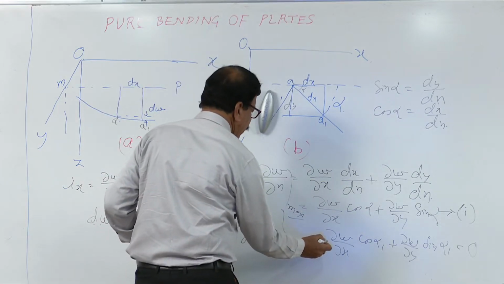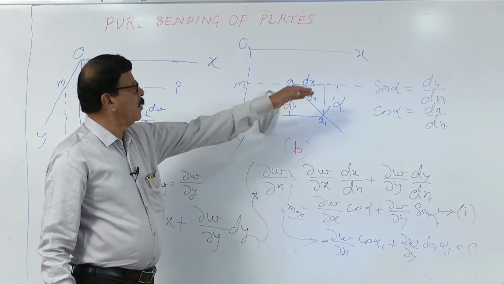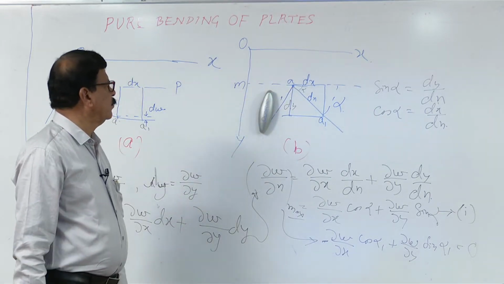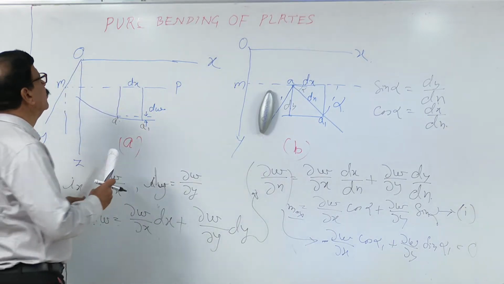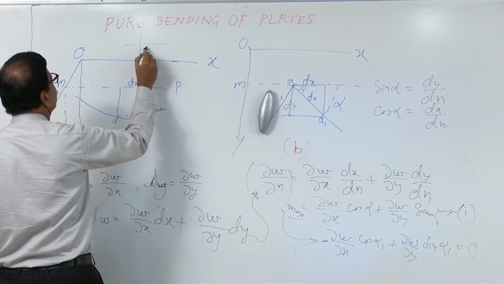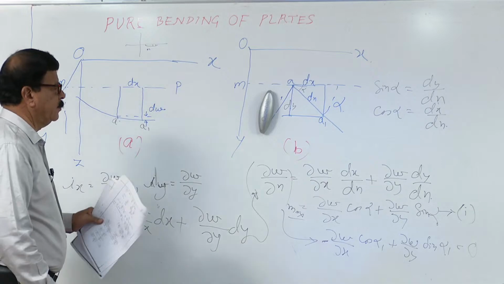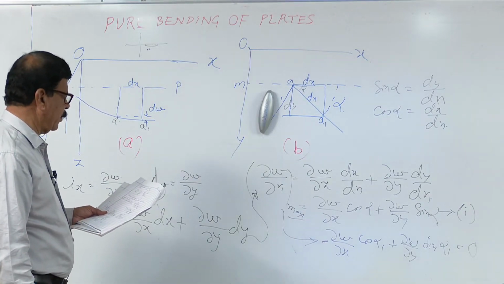This is minus sign because this is down is the minus. In this axis it is minus. Any one you can take minus.